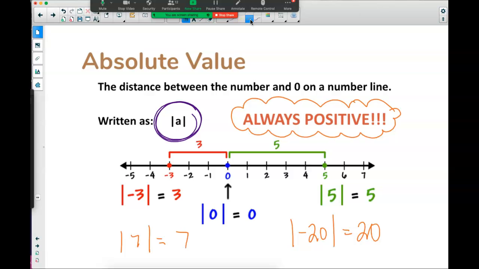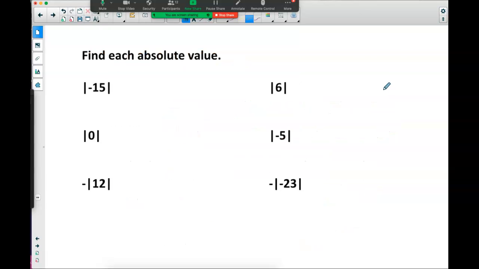Because it's 7 units away from 0. So what's the absolute value of -15? 15. It's always positive. The absolute value of 6 is, shout it out, 6. It's 6 units away from 0.